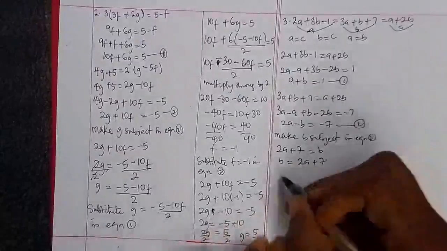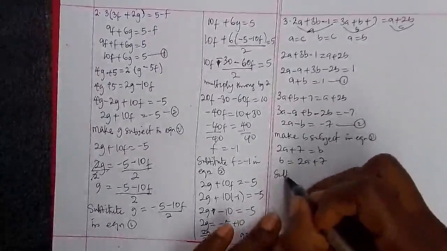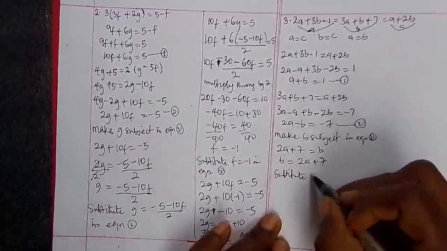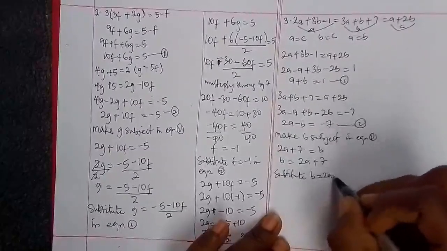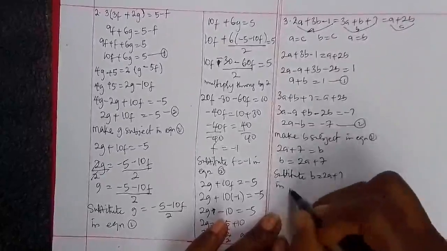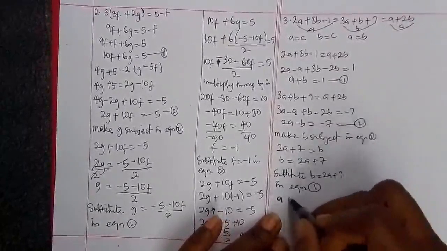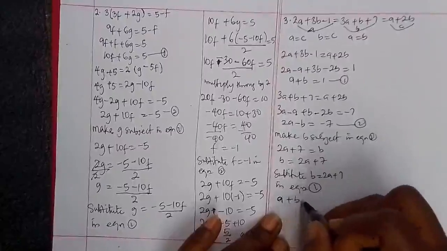So we substitute the value of b. Substitute b equal to 2a plus 7 in equation 1. Equation 1 is a plus b is equal to 1.